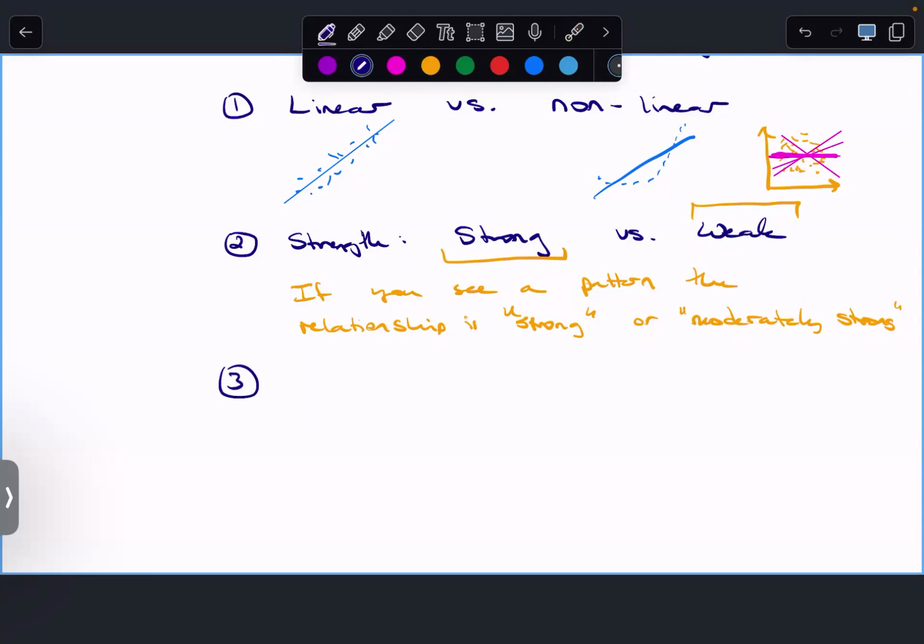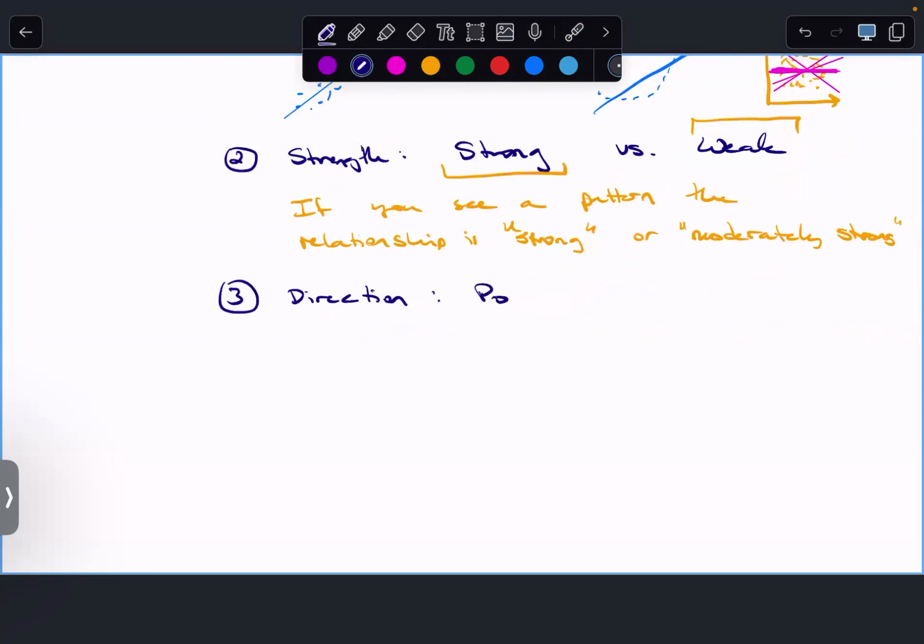Then the direction of the relationship. The direction is either positive or negative. A positive relationship is going to be increasing together. And just to emphasize, I put a little arrow on there, mostly to show that it's moving up in the positive direction.